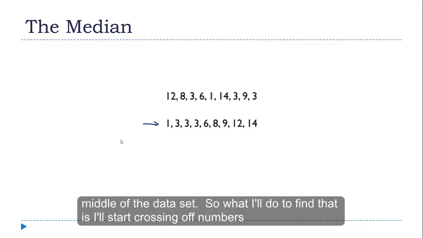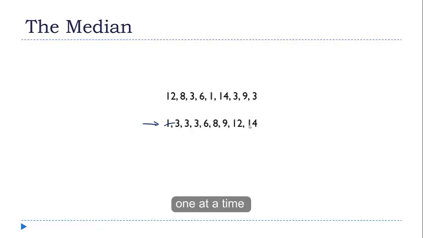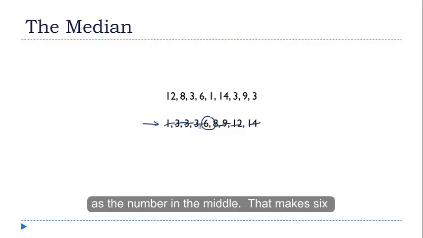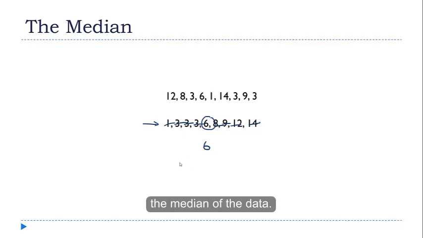So what I'll do to find that is I'll start crossing off the numbers one at a time from the left and right sides. And you'll see that that leaves us with 6 as the number in the middle. So that makes 6 the median of the data.